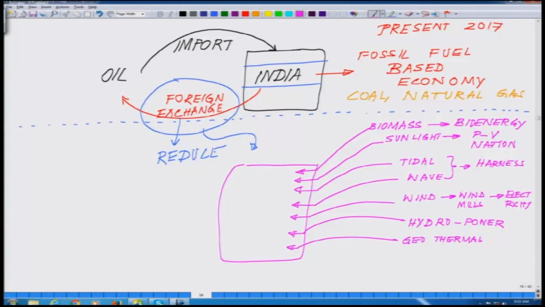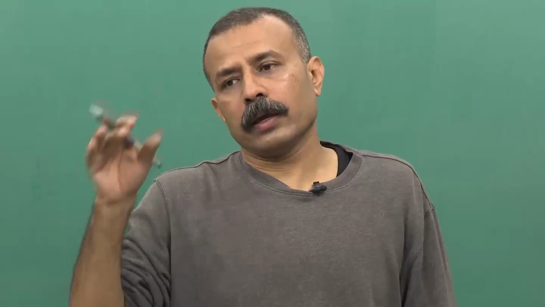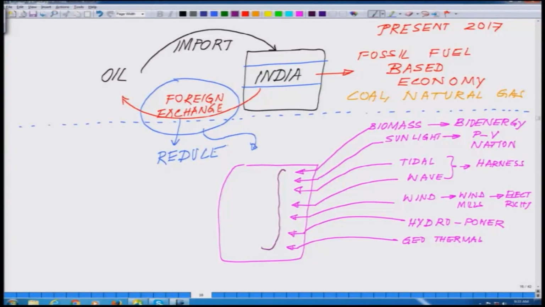So, if we could integrate all this, if we have a national program today which ensures that all these different resources India has, starting from biomass to tidal to solar to wind to geothermal, get our research and investment, and a huge chunk of our youth dedicate their lives to research and getting a feel of the technology in these areas like biomass, sunlight, tidal, wave, wind, then we definitely can reduce this foreign exchange.